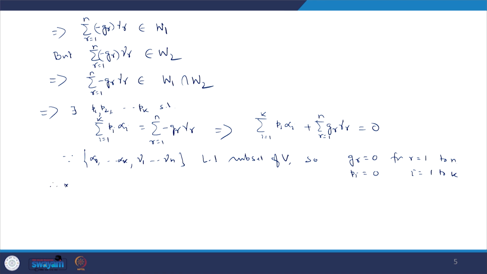So, star implies sigma c_i alpha_i, i equal to 1 to k, plus sigma d_j beta_j, j equal to 1 to m, will be equal to 0.